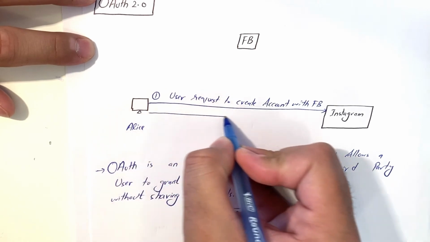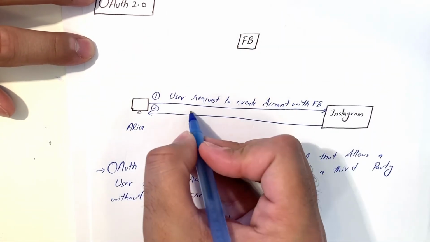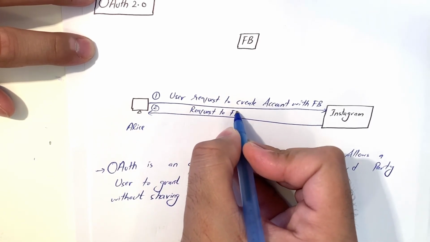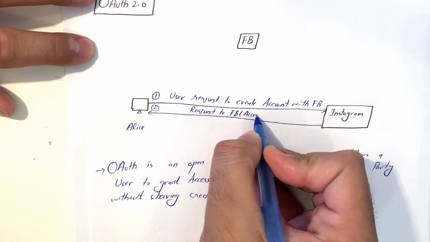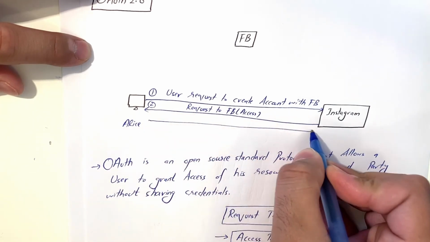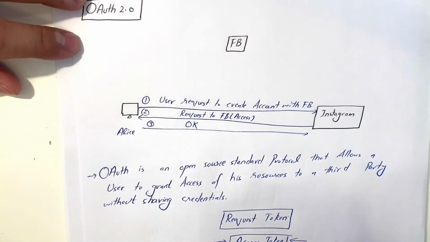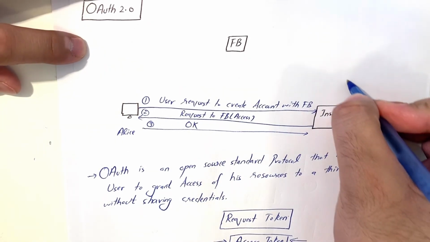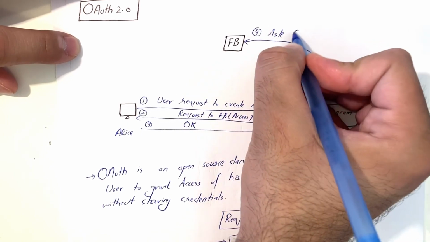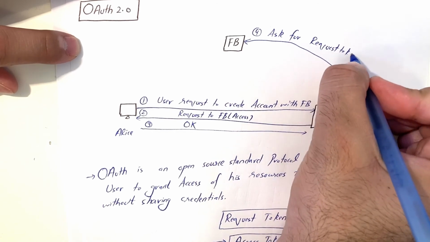Instagram will redirect you to facebook.com. They ask you, can we access Facebook, or can we redirect you to Facebook? You say, okay, no problem, let's go to Facebook. Then Instagram will reach out to facebook.com and ask for a request token, like an empty token.